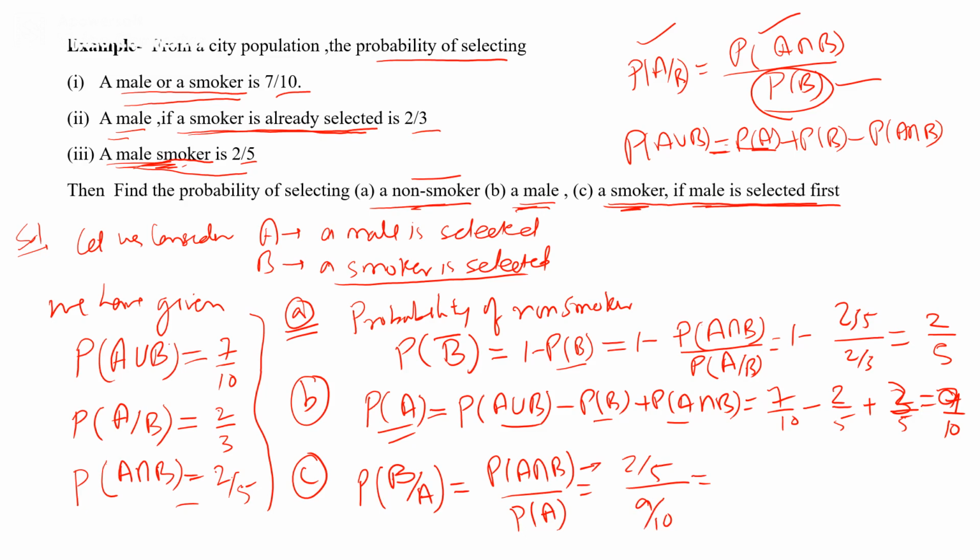So we get 2 by 5 into 10 by 9, that's 2 by 10... so we get 4 by 9.